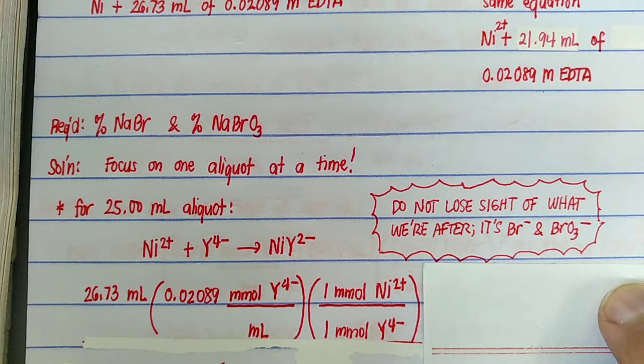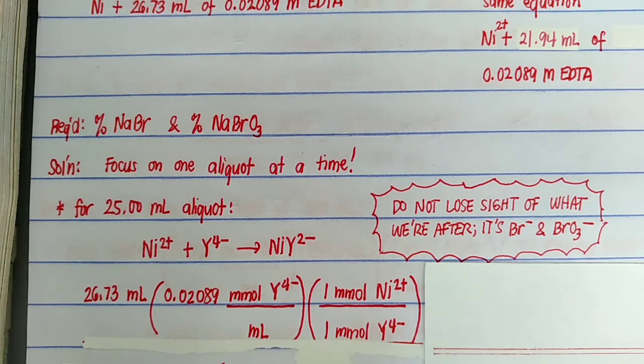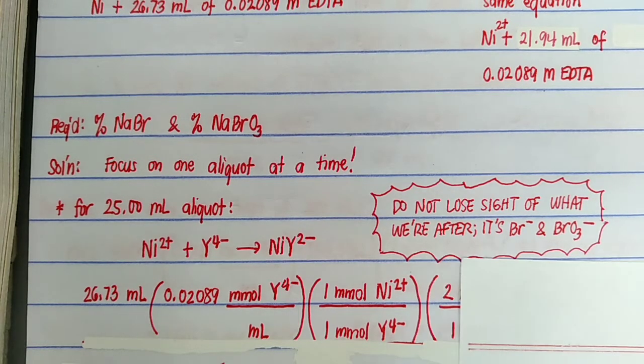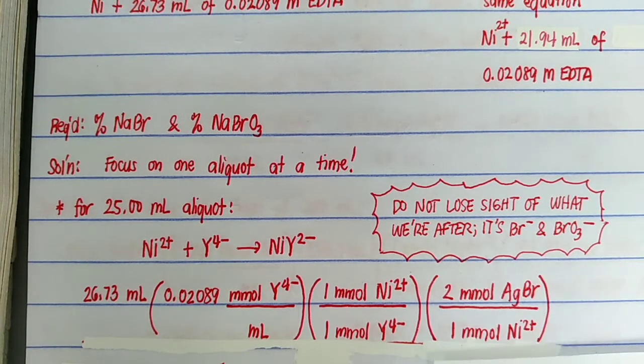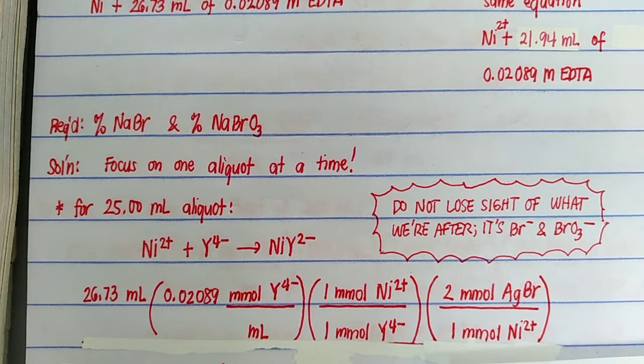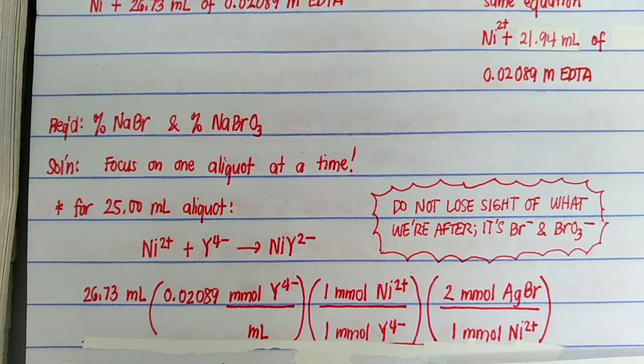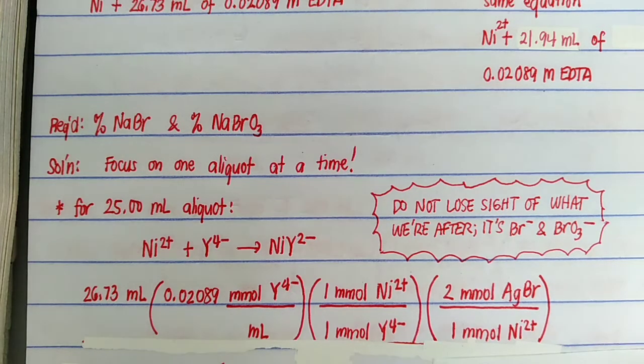So we should convert the moles of nickel that we'll find into the amount of silver bromide that was initially produced by precipitation. So for every 2 millimoles of silver bromide, as we've noted, 1 millimole of nickel is being produced.